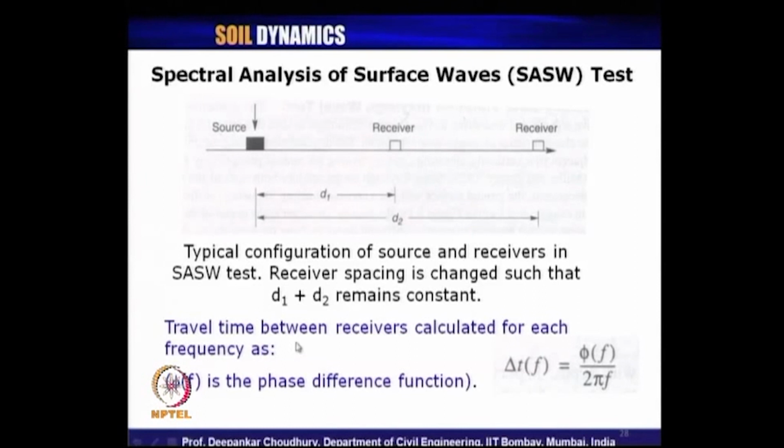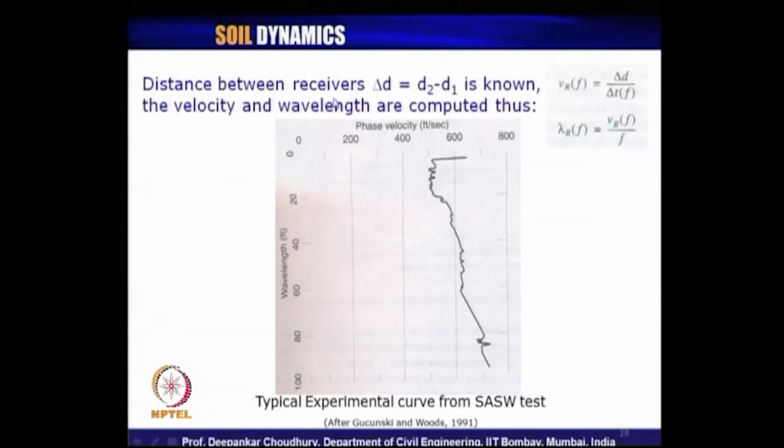The travel time between receivers is calculated for each frequency in this way. So, this is the phase difference function and this is the frequency, this is the travel time, and the distance between the two receivers, delta D, which is nothing but D2 minus D1, is known to us, because that is how we have kept the receivers on our ground surface.